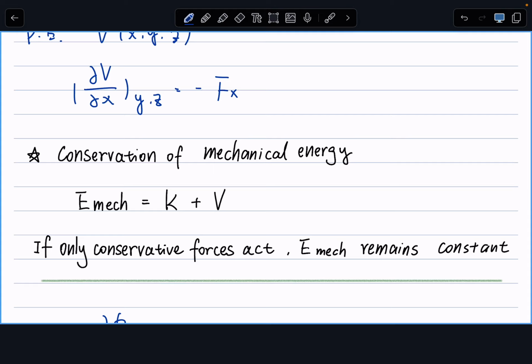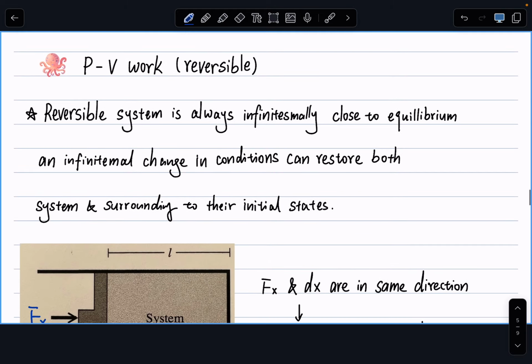All right, and now let's move back to work. Again, we went over the PV work, and I just want to add one more thing about the PV work. In this case, we're talking about a reversible PV work, as typically in thermodynamics, we focus on reversible work. A reversible system is defined as always infinitesimally close to equilibrium.